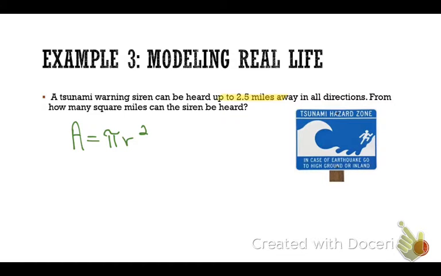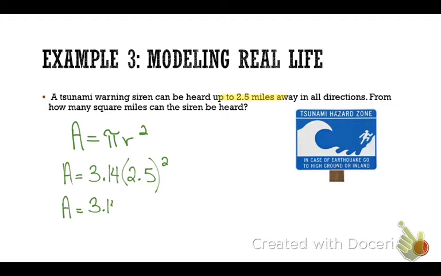All right? So A equals pi r squared. A equals 3.14 times the radius, which is 2.5, squared. Now, you need to be careful. You don't multiply first. You must square the radius. 2.5 squared is 6.25.